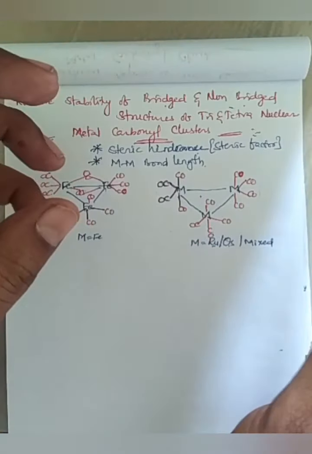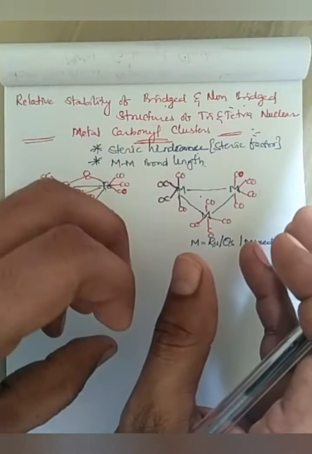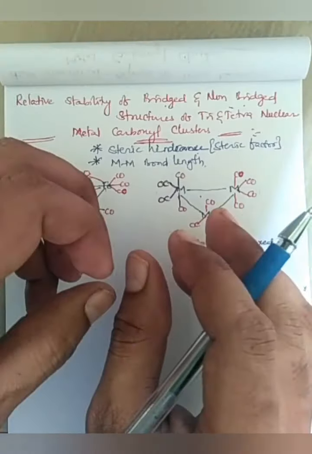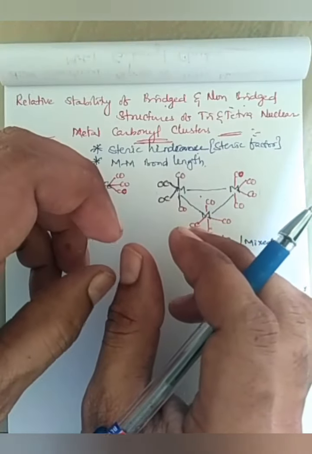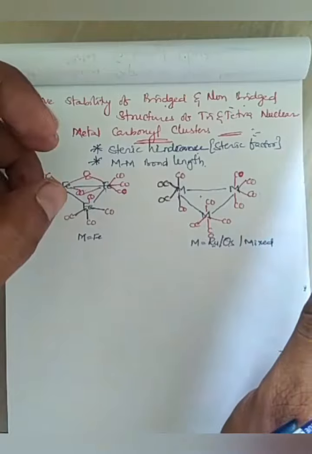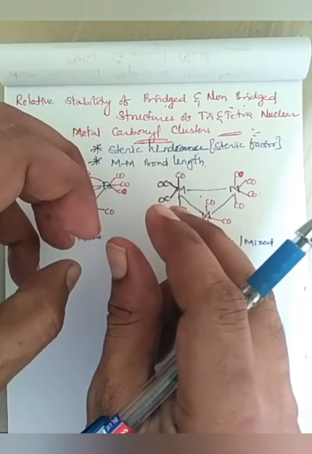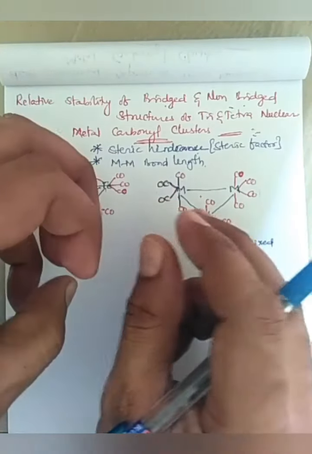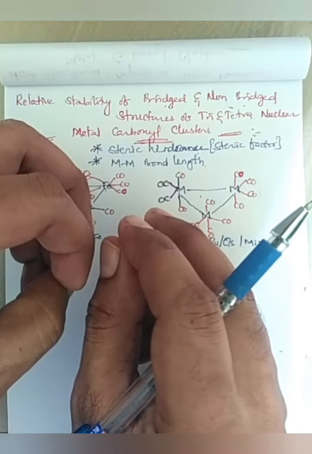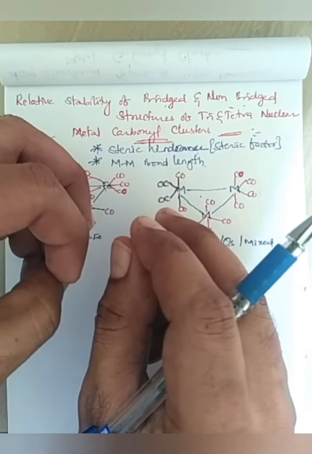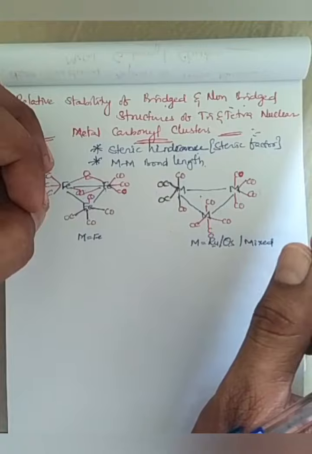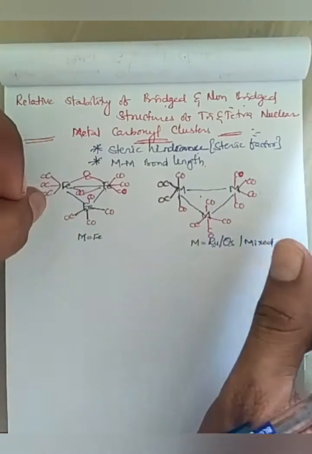Large groups, when they come closer, will have steric hindrance. This steric hindrance creates repulsion, forcing the two parts of the group to go away from each other, right? They will go away.